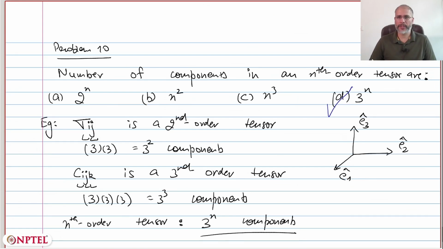So that brings us to the end of this tutorial. I hope after these 10 problems, you have got some understanding and confidence in working with mathematical expressions that involve tensors, with indicial notation involving summation or repeated indices, applying summation convention, and the use of Kronecker delta's substitution property.